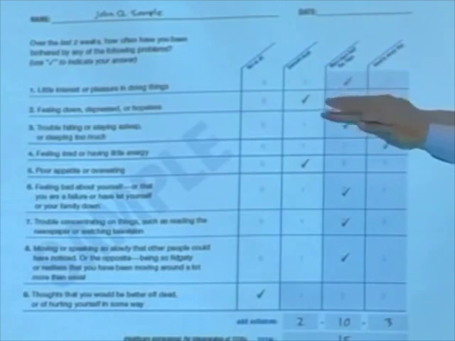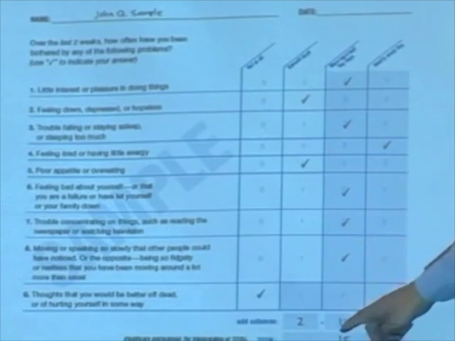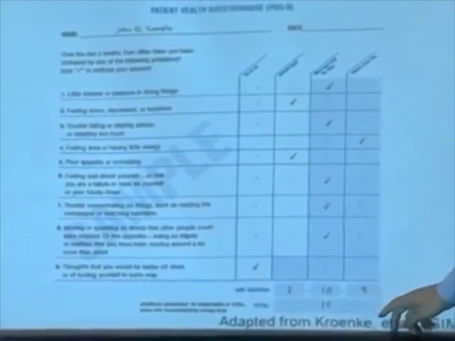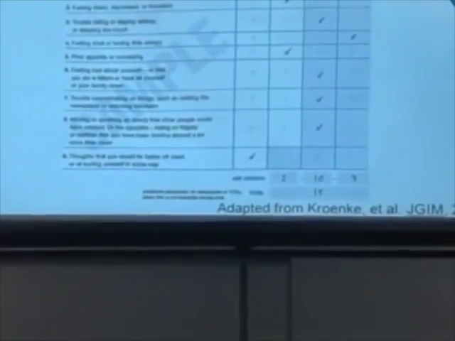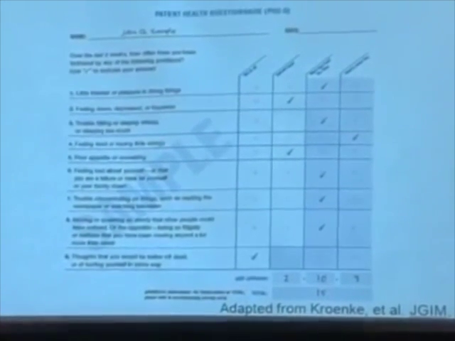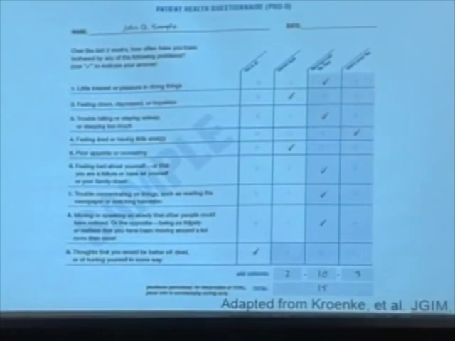We go through each of these lines, and at the very end, we total up the sums. So in here, it's a total of 15 after they've gone through all of these. And then, as we talked about earlier, if somebody's really depressed, they're just going to mark off everything here on nearly every day.